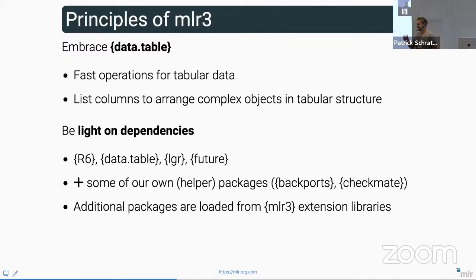You don't have to type the class name, $new, and then the parameters. For example, you just type lrn, which stands for learner. This is the same as if you would create a learner class with $new. And these sugar functions also come with help documentation, so you can see how you use them and everything. Yeah, and then you have reference semantics to the actual object classes. Exactly.